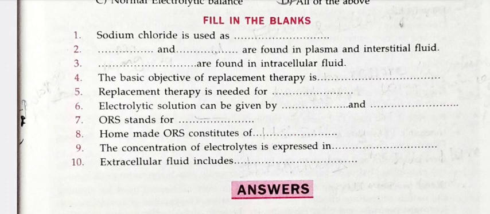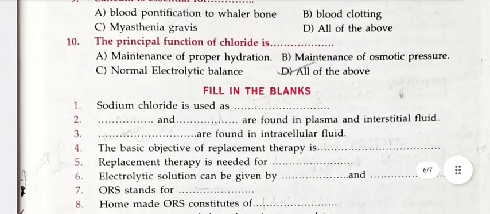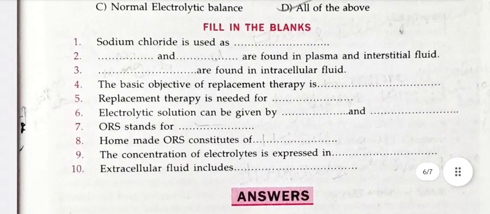These ions help to maintain proper hydration, osmotic pressure and electrolyte balance. So depending upon whether the patient is conscious or unconscious, it is administered orally or by IV. These are the two main routes of administration.